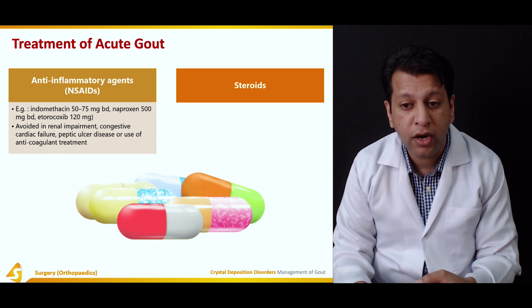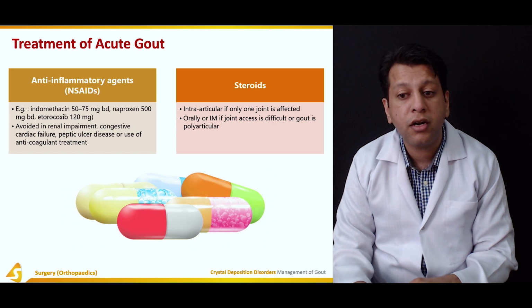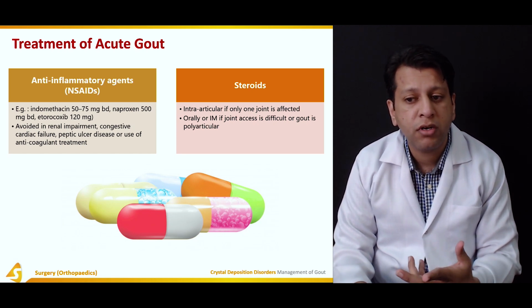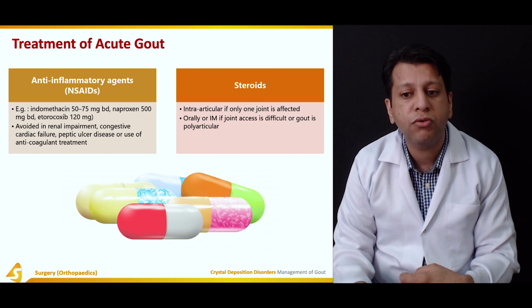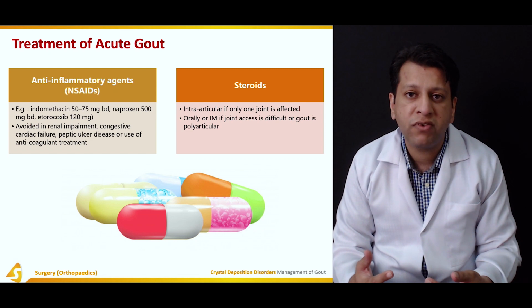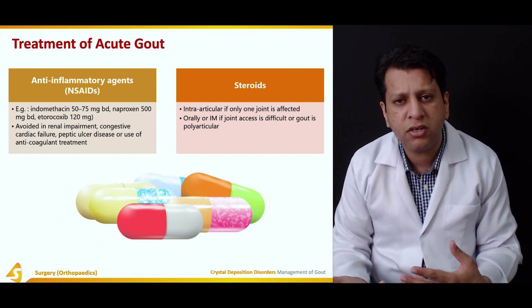Then there are steroids. In an acute attack, yes, there is a role of steroids. Intraarticular only if the joint is affected. Orally or intramuscularly if joint access is difficult or gout is polyarticular. For example, if a patient comes to you with first metatarsal and knee gout, knee swelling, yes, we can give an intraarticular injection.